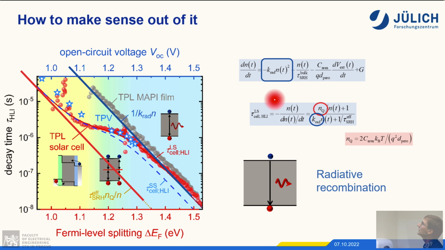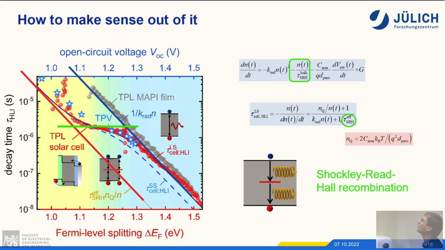Then we have the radiative recombination. This leads to this part of the data, at high Fermi level splittings, where the lifetime or decay time is very short. And the Shockley-Read-Hall recombination is the bit that gives you a flat decay time. That's the bit in the middle where the inflection point is.